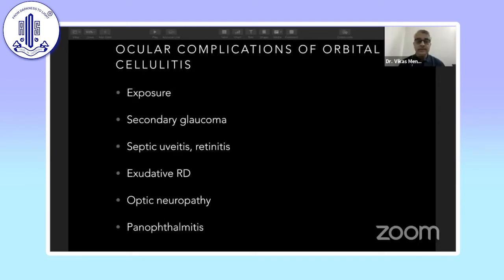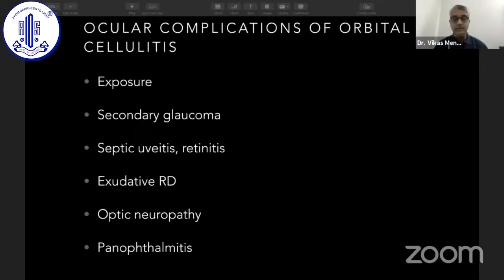So all these changes can happen in the eye when you have orbital cellulitis. Orbital cellulitis can damage the various tissues of the eyeball. Number one, cornea can get exposed and it can lead to exposure keratopathy. There can be secondary glaucoma. There can be septic uveitis and retinitis. There can be exudative RD.